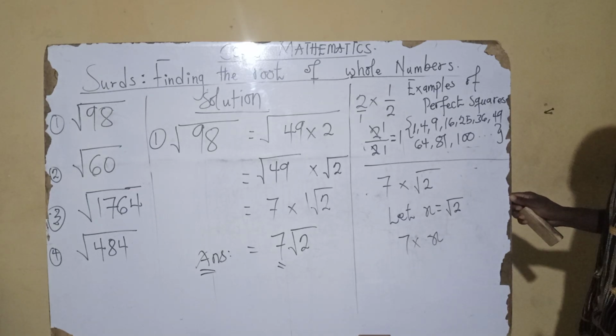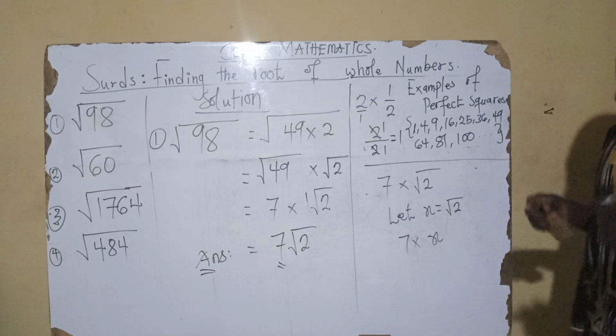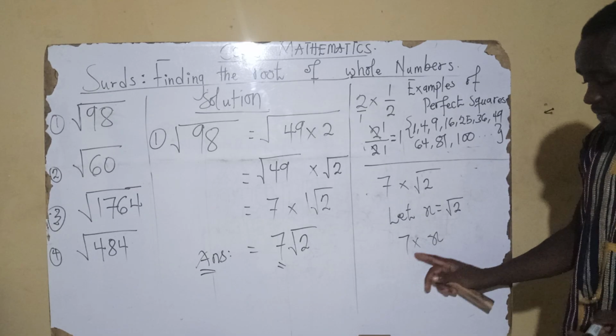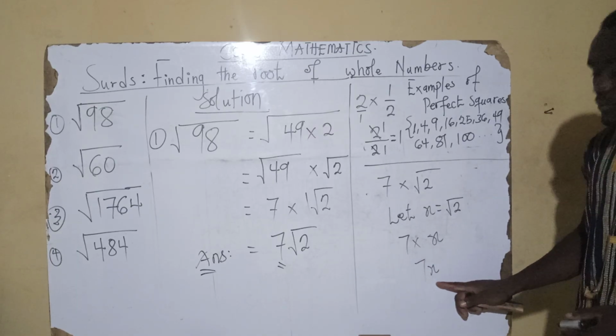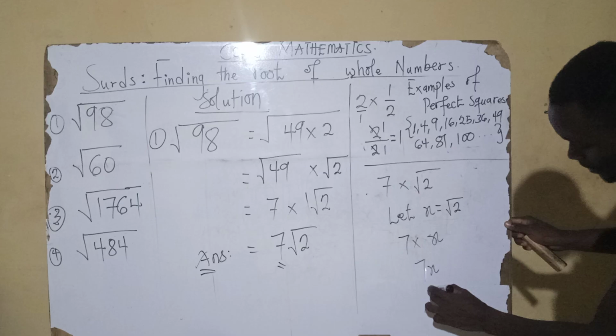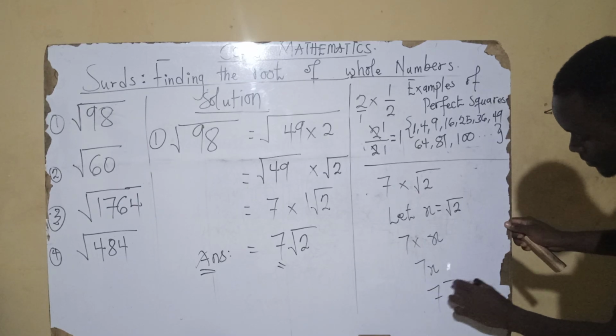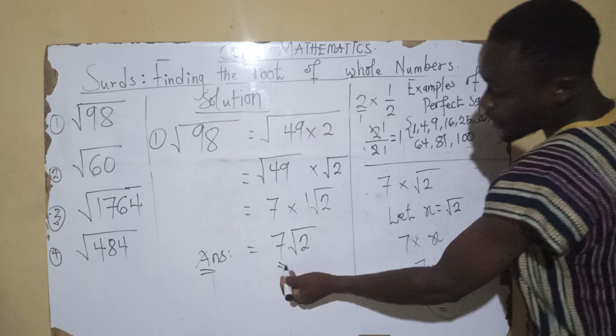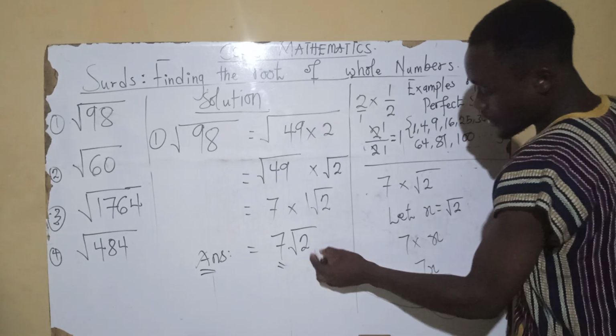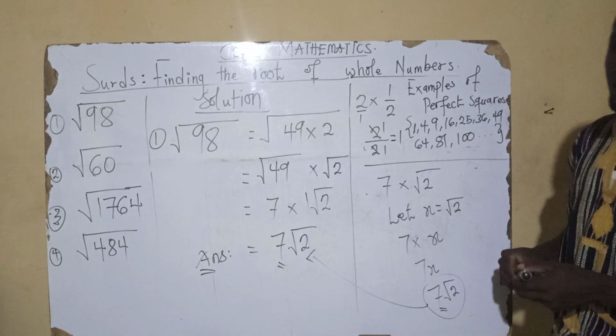Now, we all understand what's meant by algebra. Algebraically, when we multiply 7 times x, we are going to get what? 7x. Then after we substitute root 2 in place of x, we are going to get what? 7 root 2. So you see, it's the same as what we have here. I believe it is clear.